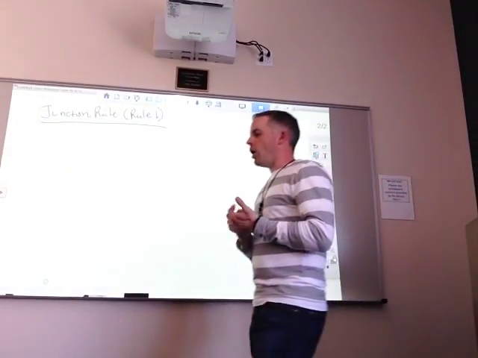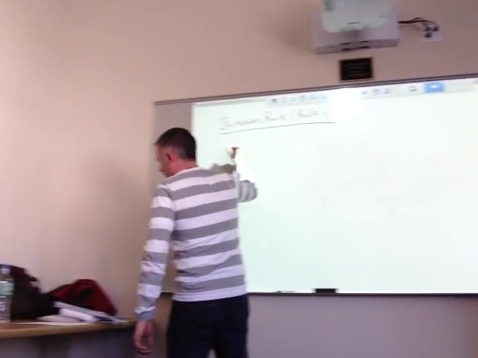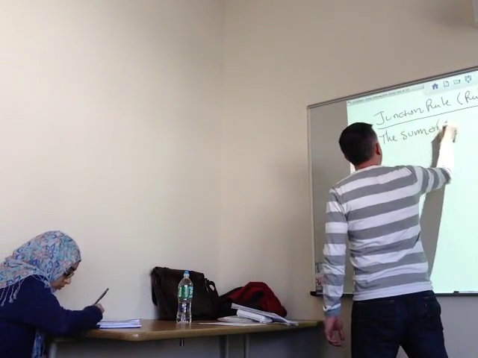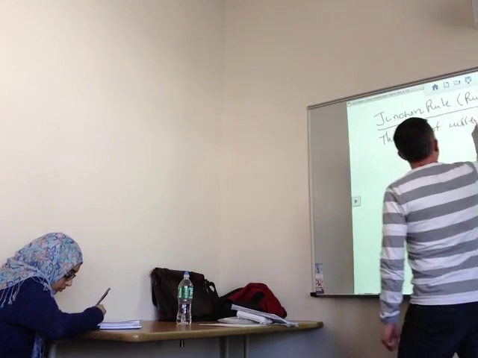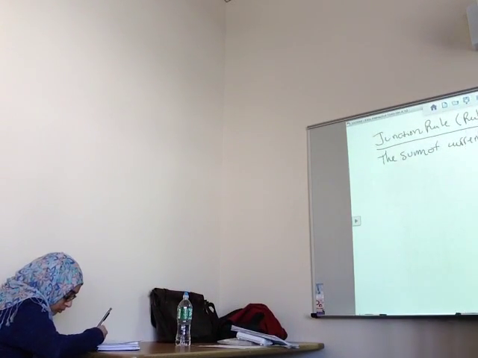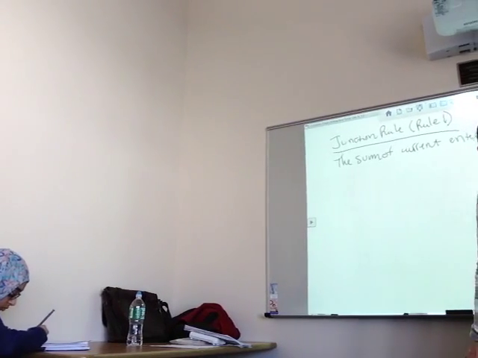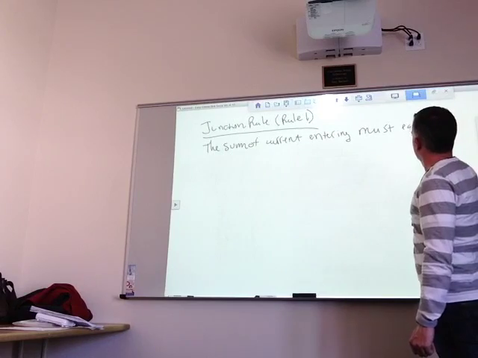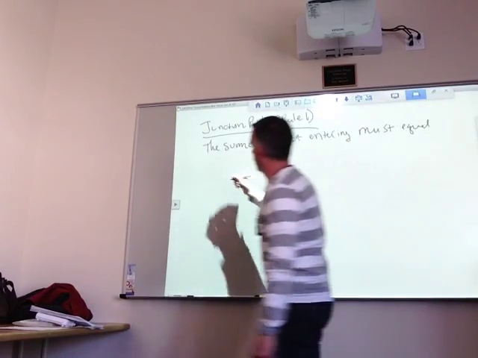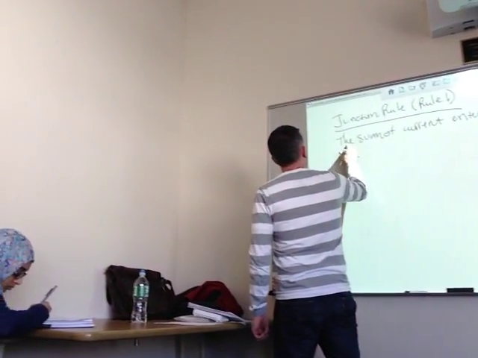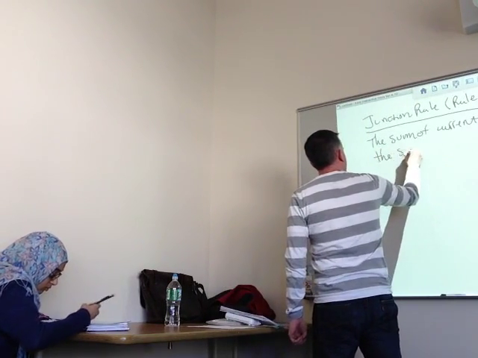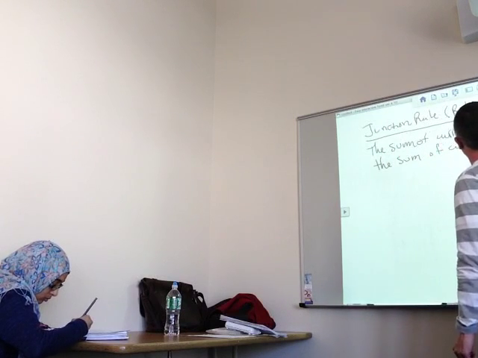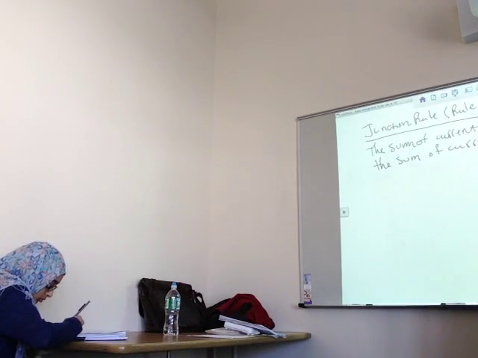And all it says is that the sum of the current entering a junction must equal the sum of the current leaving a junction.